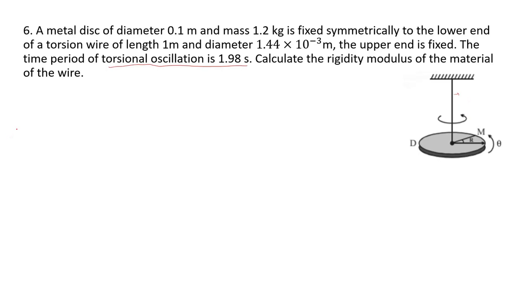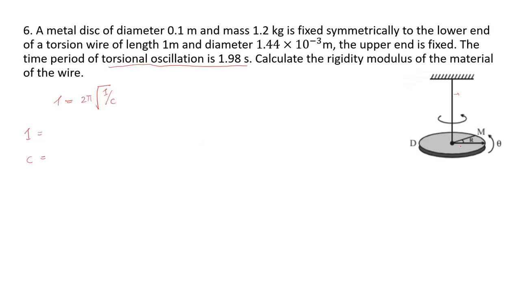So, we have the equation for the time period of torsional oscillation, that is T is equal to 2 pi into root over I by C. Here I is the moment of inertia, and C is the couple per unit twist.